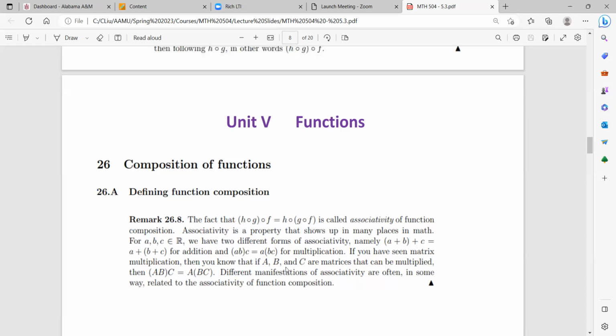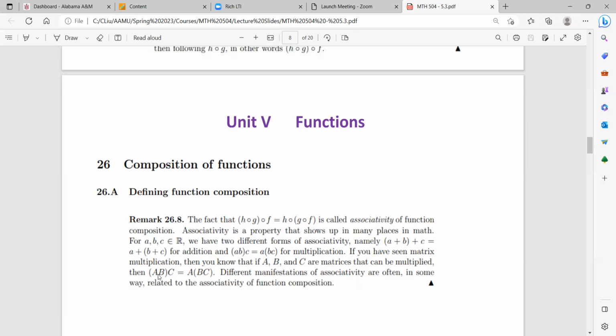All right. And there are different kinds of associativity in algebra. In simple cases, we can think of addition of numbers and the multiplication of numbers. They both have the associativity, but not only that. Matrix multiplication also has the associativity property.